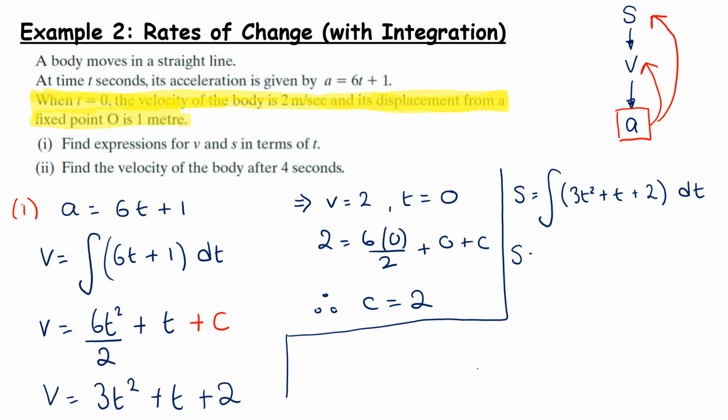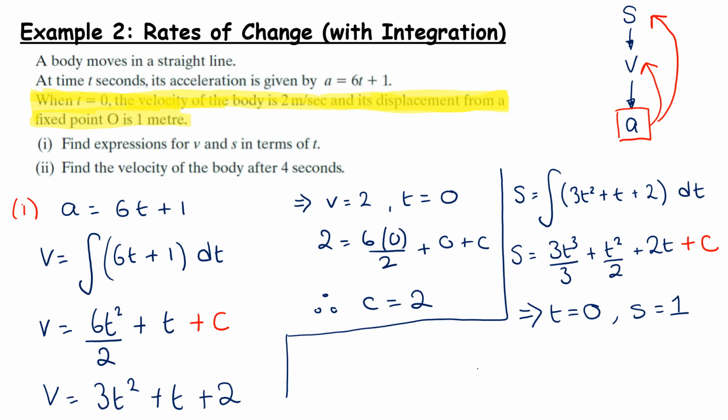That gives me 3t cubed divided by 3 plus t squared divided by 2 plus 2t plus c, so our constant. In order for us to fill in this constant, they said when t is 0, the displacement s is 1 meter.